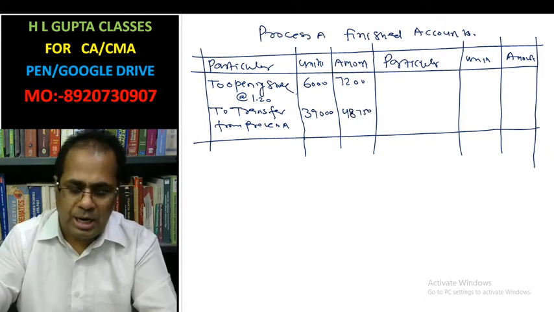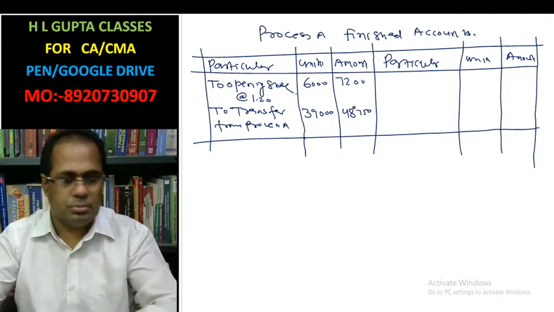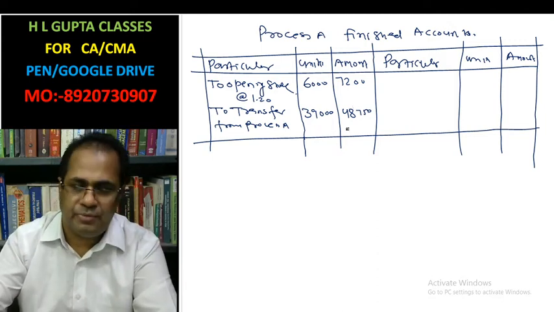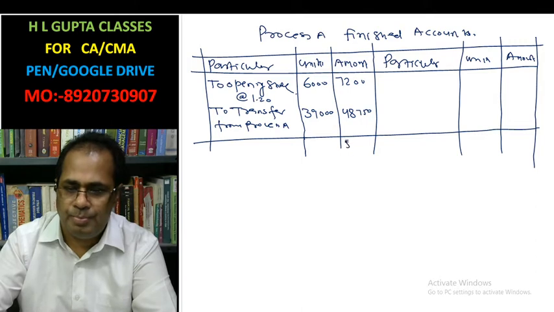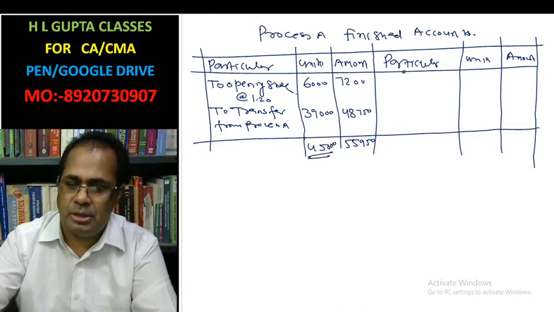After adding this 7,200, you will have 55,950. This is 45,000 units. Please try to understand.